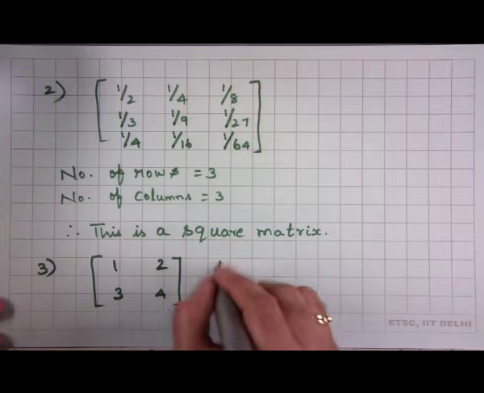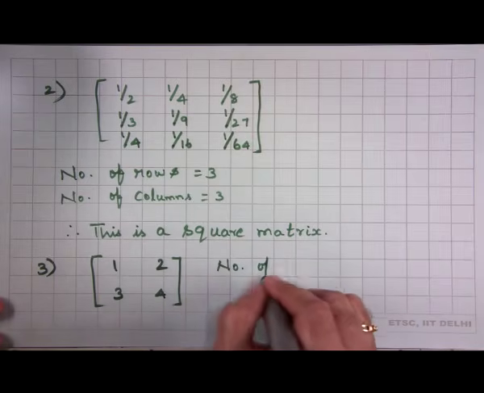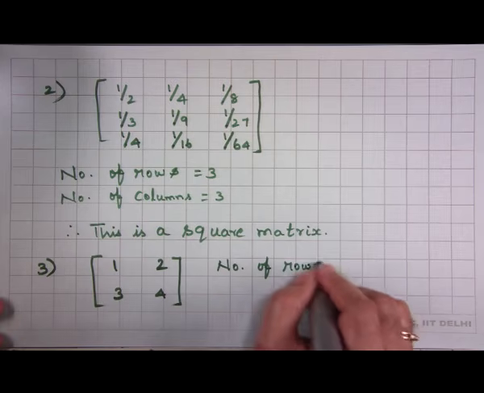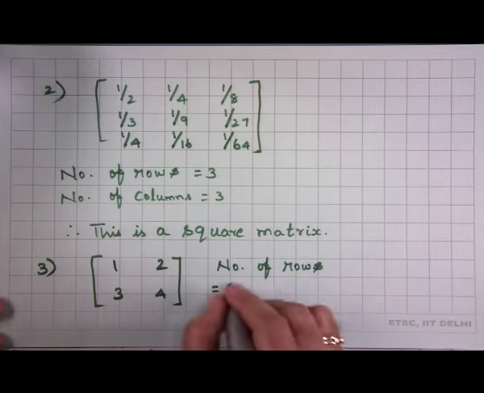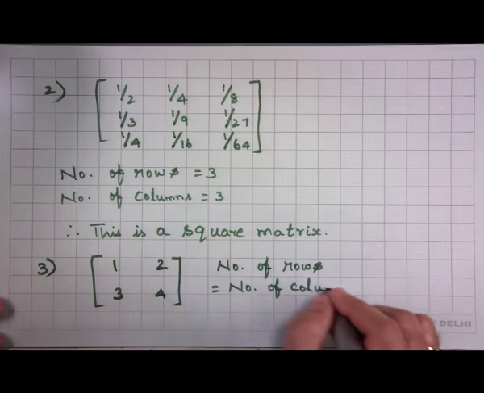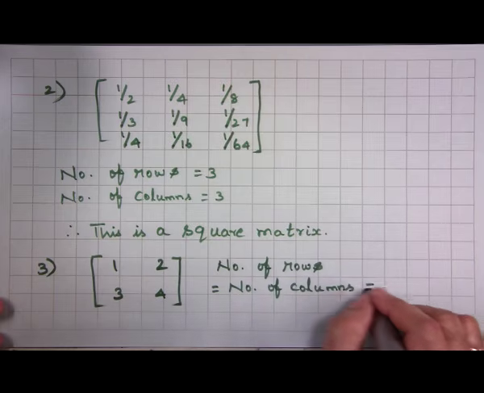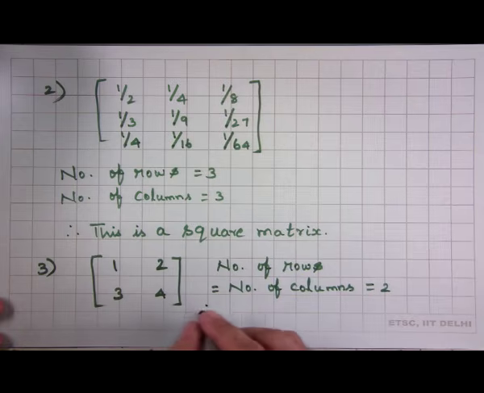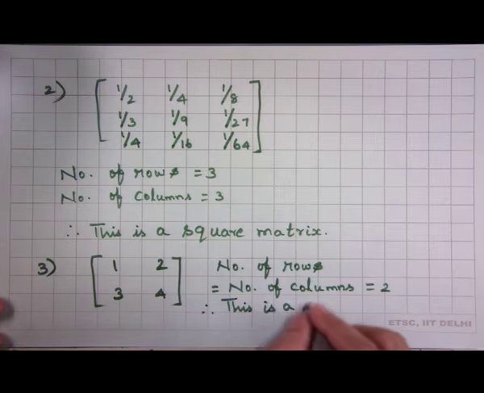Here again the number of rows is equal to the number of columns, equal to 2. Therefore, this is a square matrix.